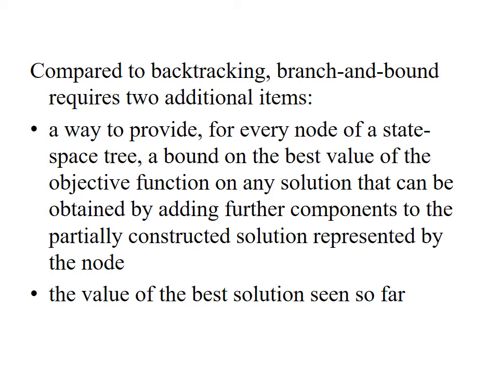If you are following the particular component, then this bound function represents the maximum value or minimum value that can be obtained by following that component further. And the next one is the value of the best solution seen so far.